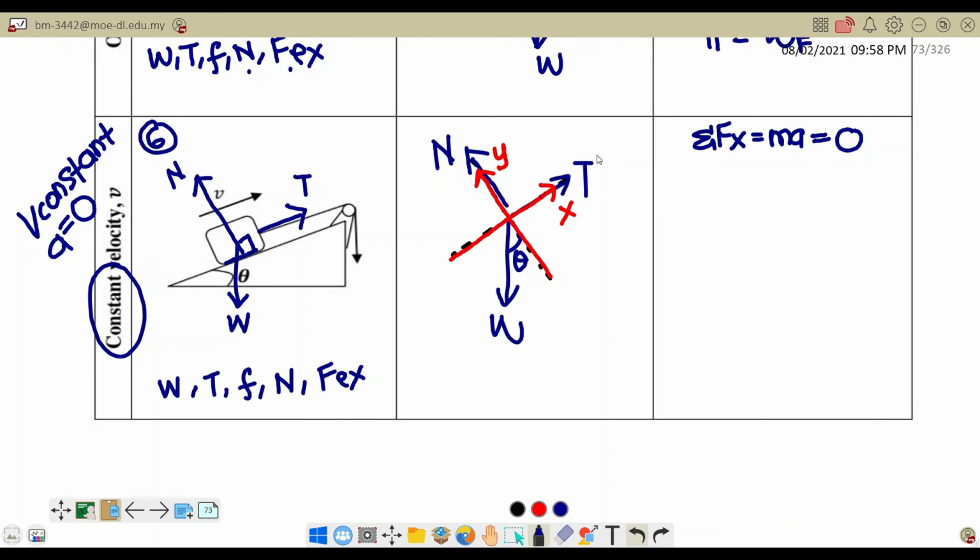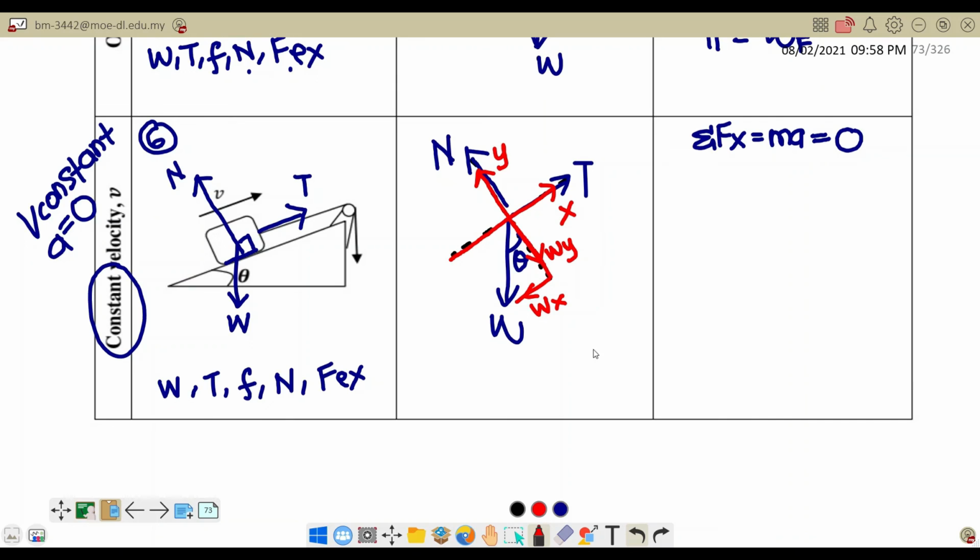For the x component, we have T, and also the weight W, which we can resolve downward and to the left. So this is Wx, this is Wy.